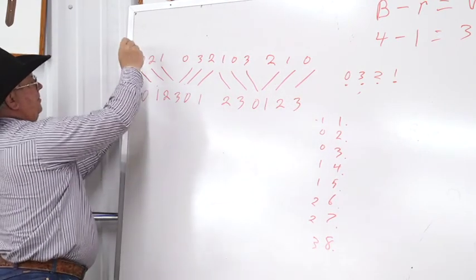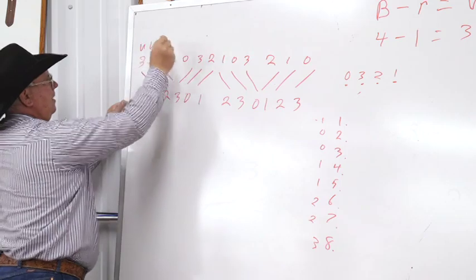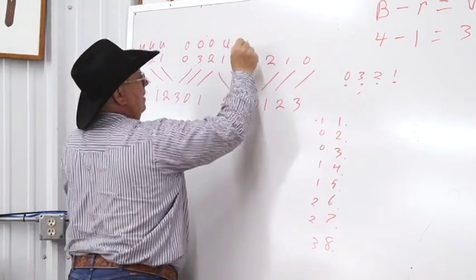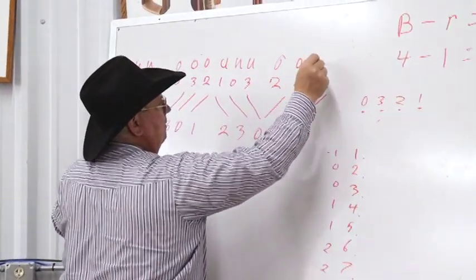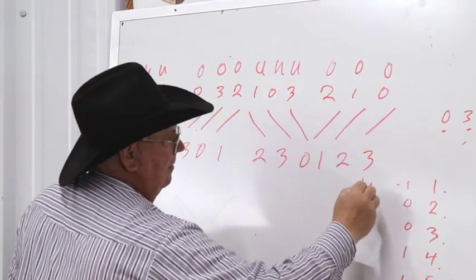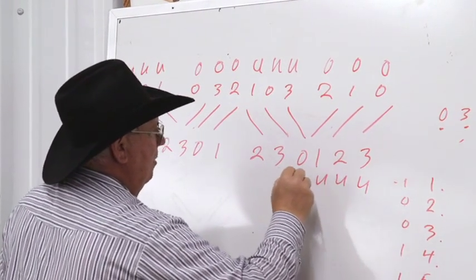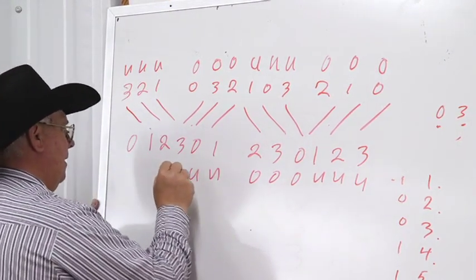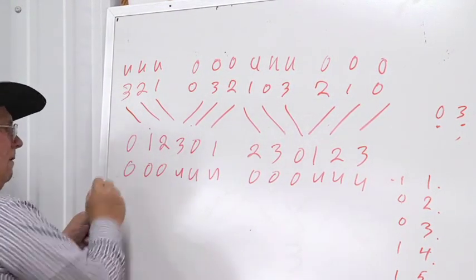These would be unders, under, under, under, over, over, over, under, under, under, over, over, over. And here it'd be under, under, under, over, over, over, under, under, under, over, over, over.